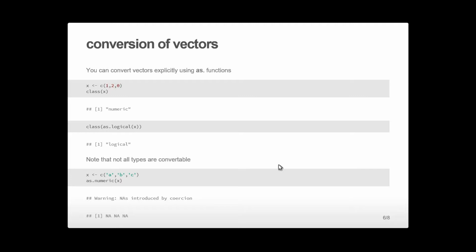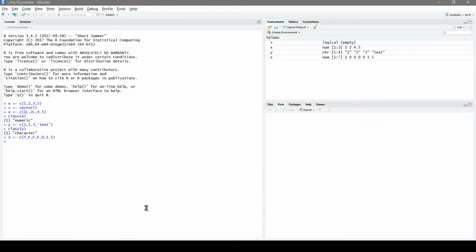Now, one important thing to remember is that not all types are convertible. So if you are trying to convert text into numeric type, it won't work. Okay, it would return NAs, because it is not possible for it to convert the text into any specific integer.